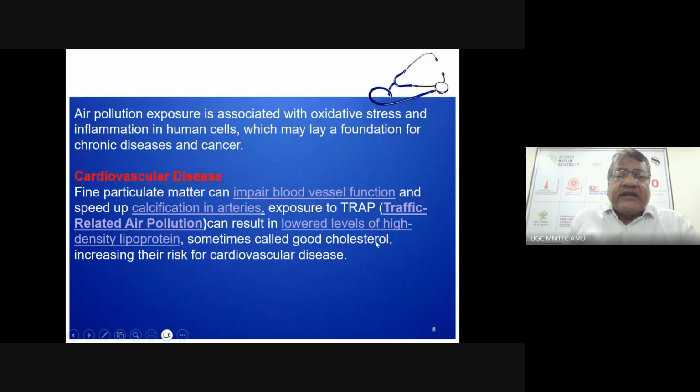So the effect of TRAP is that it decreases the good cholesterol and increases the risk for cardiovascular diseases. Then the effect of this is calcification in arteries and lowering the good cholesterol in the blood.